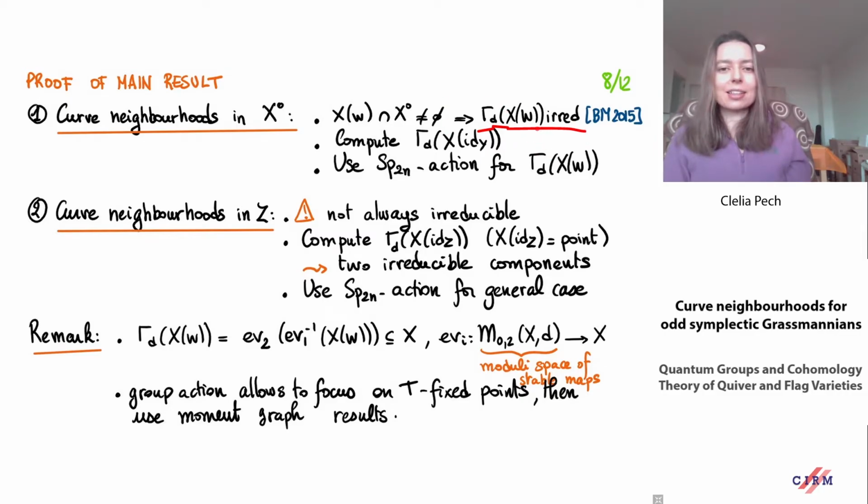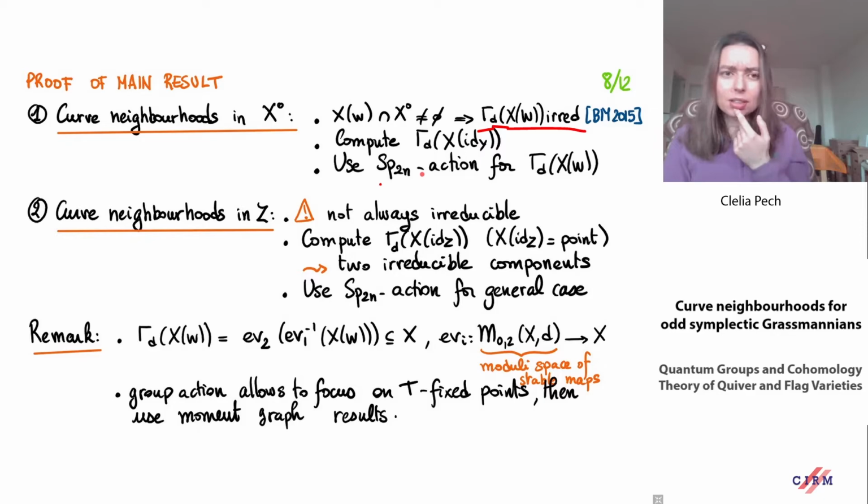And then what we do is that we compute the curve neighborhood in one specific case, because then we have the group action that enables us to get the other cases.